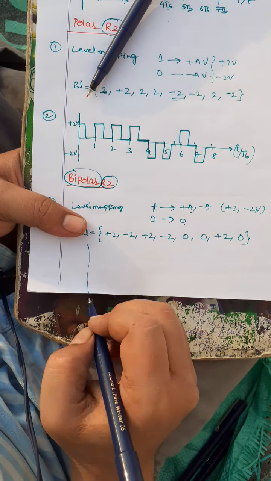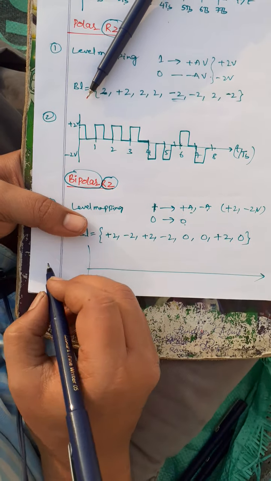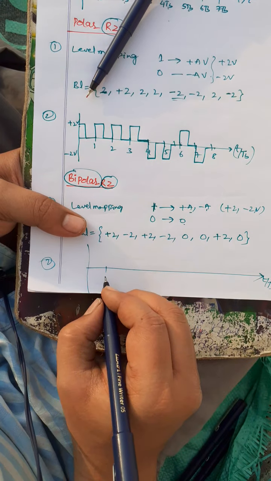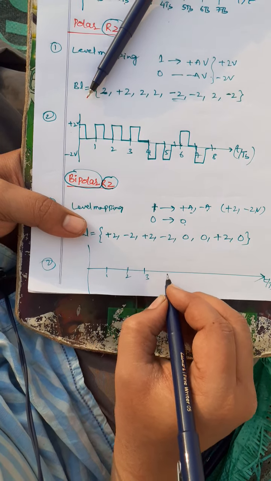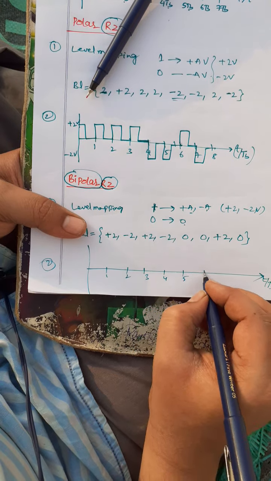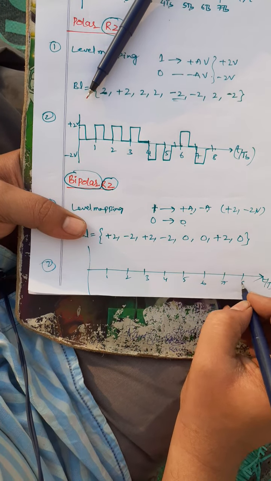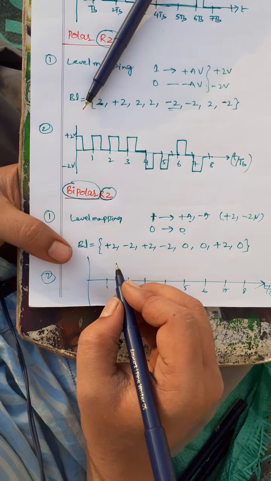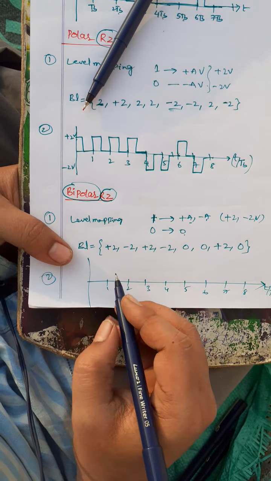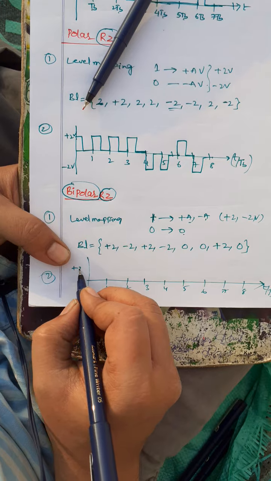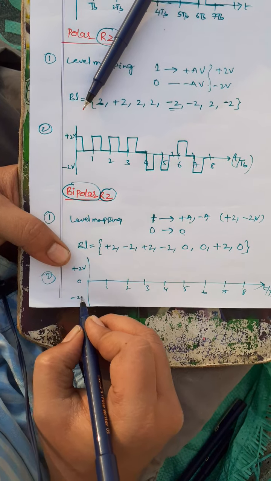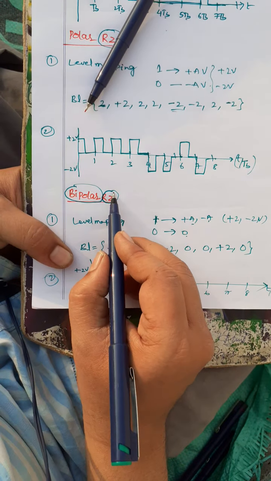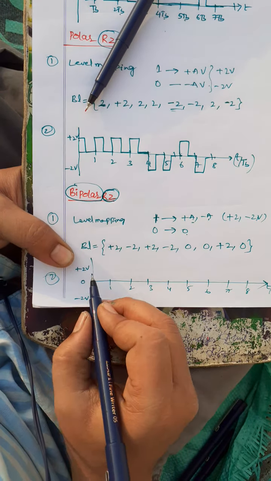Right, the waveform now. Step 2, T by TB. 1, 2, 3, 4, 5, 6, 7, 8. Right? Now, see here. Voltage levels, plus 2 volts, 0 voltage, minus 2 volts, 3 voltage levels. Available pulse is return to 0 within the TB duration.